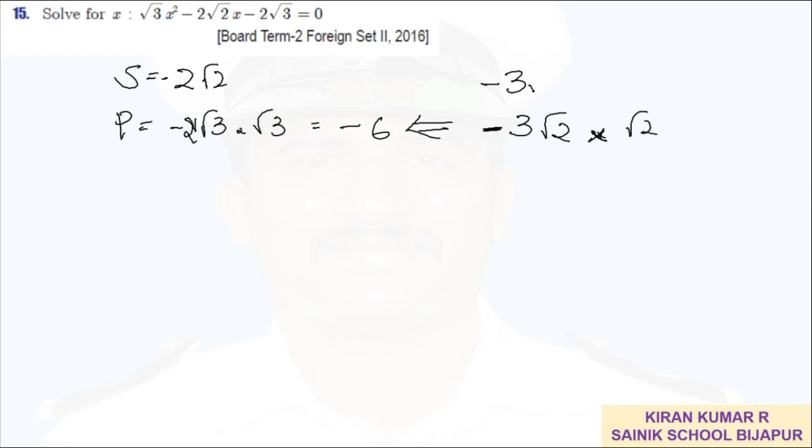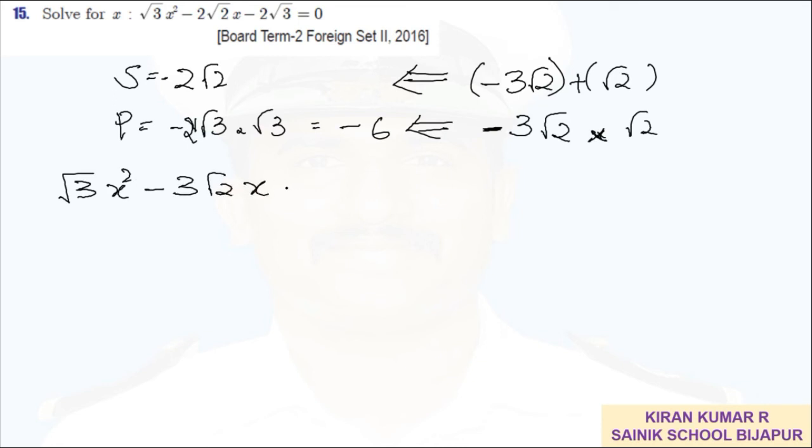Same way, when you add this, we will be getting negative 2 root 2. So by splitting the middle term, I can split it as negative 3 root 2x plus root 2x minus 2 root 3 equal to 0. Group them.